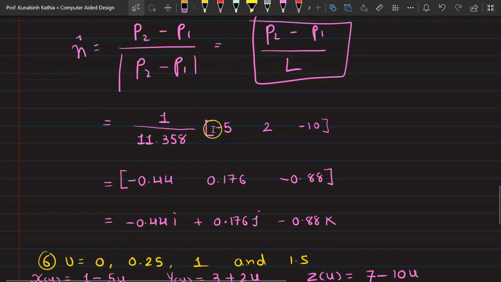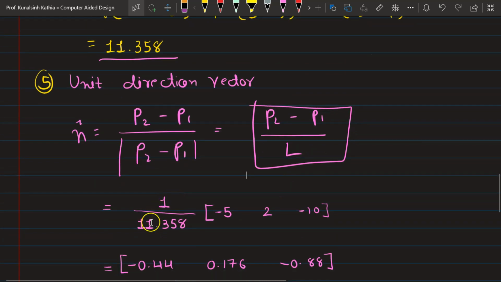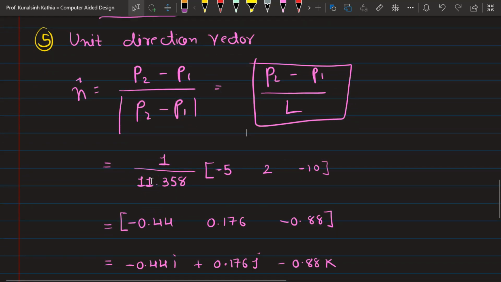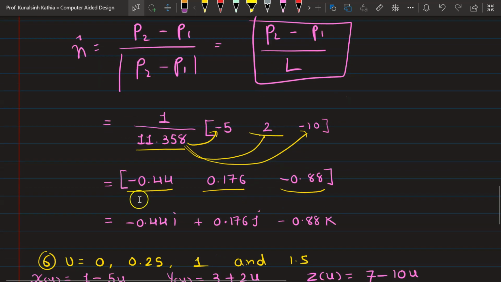So I am replacing those values with minus 5, 2 and 10 and dividing by l. I have got l here. I am just dividing these values by it one by one. With the first one I am getting minus 0.44, with the next I am getting 0.176, and dividing the last I am getting 0.88. And in vector form this equation should look like this, right?